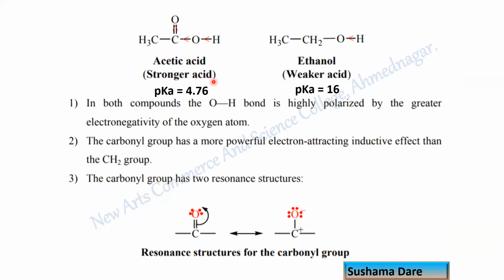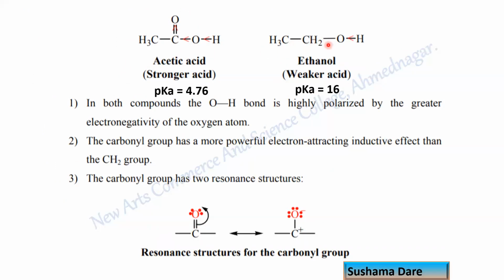The same statement applies here. After the dissociation of this, the negative charge generated on this oxygen can be stabilized in this way. That is the resonance stabilization, or we call it the electron withdrawing resonance effect shown by the carbonyl group. Because of that, the conjugate base generated from acetic acid is more stable as compared to this.